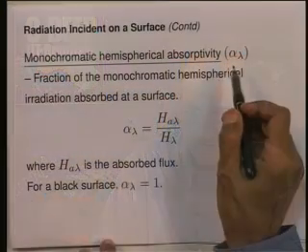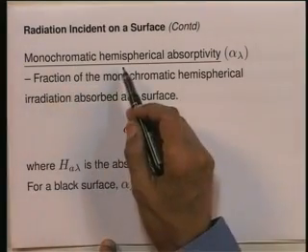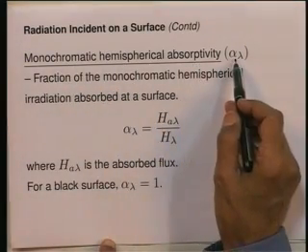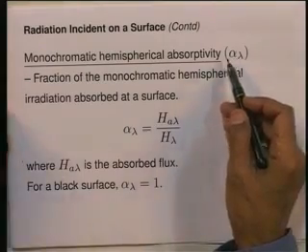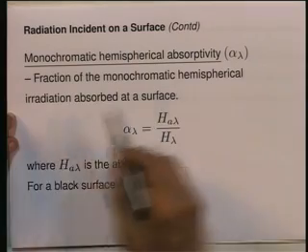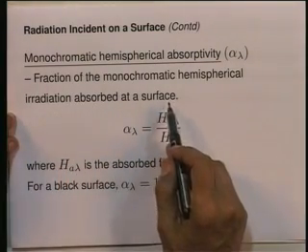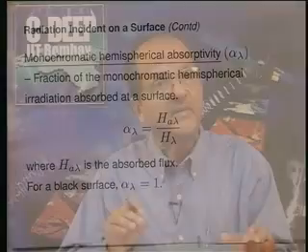The last term will be the monochromatic hemispherical absorptivity of a surface, for which we will use the symbol alpha lambda. We say it is the fraction of the monochromatic hemispherical irradiation absorbed at a surface. Out of the quantity H lambda, a certain amount is absorbed, let that be H A lambda.